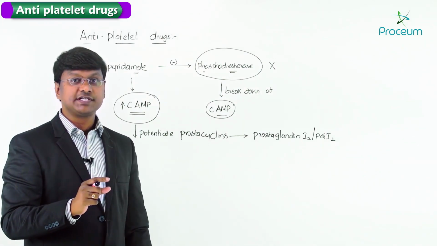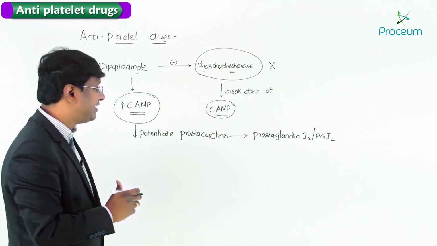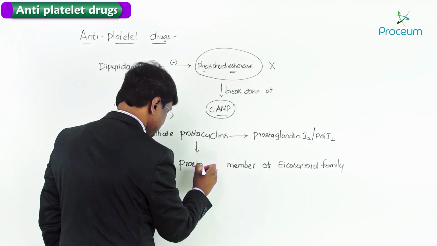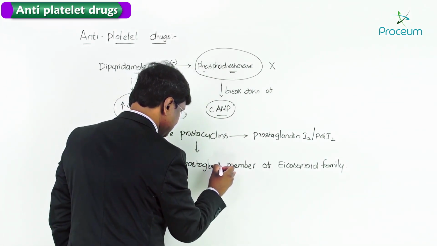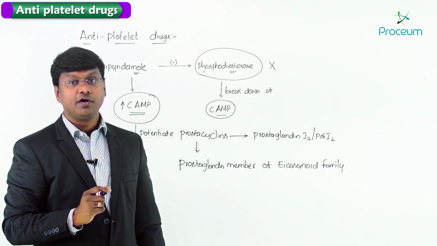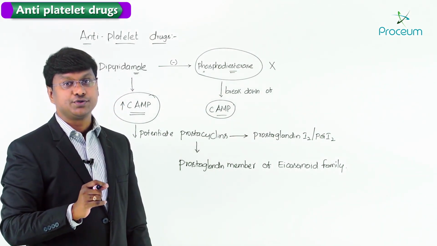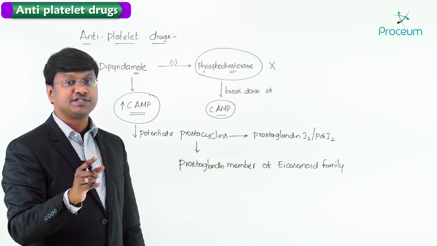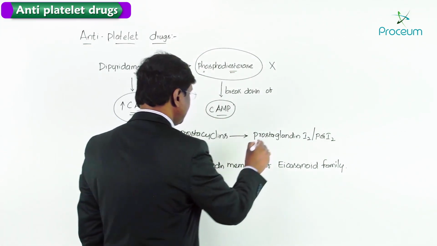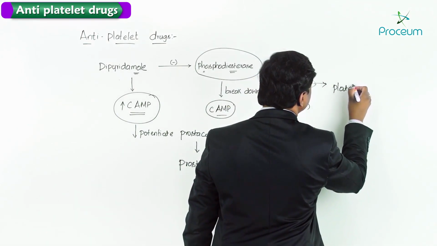Now this prostacyclin is a prostaglandin member of the icosanoid family of lipid molecules. And what is the action of this prostacyclin? It inhibits platelet activation.